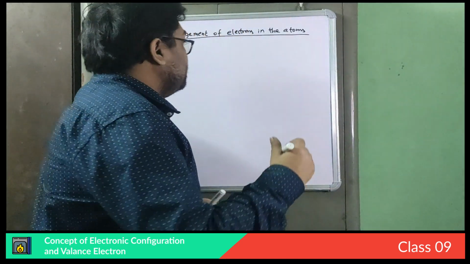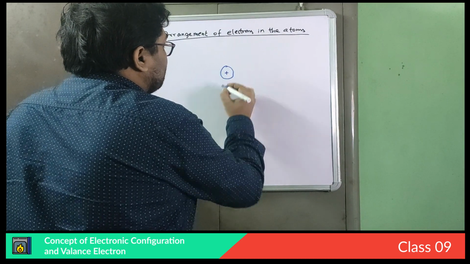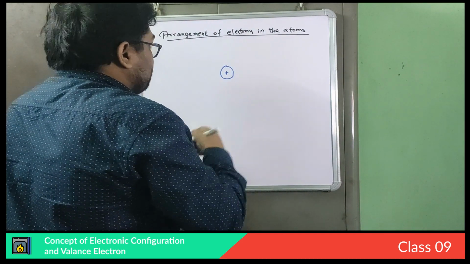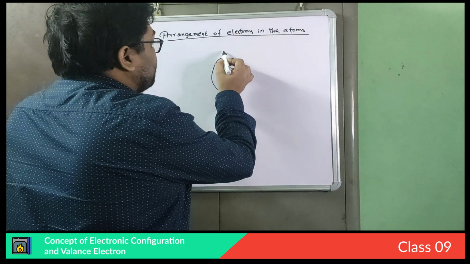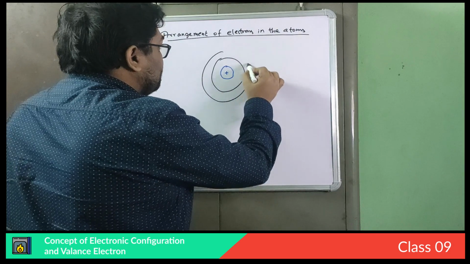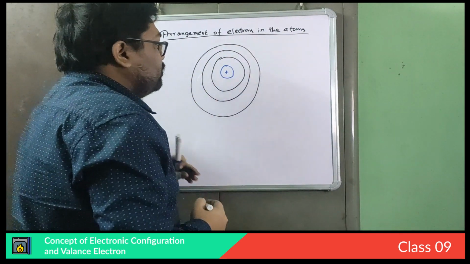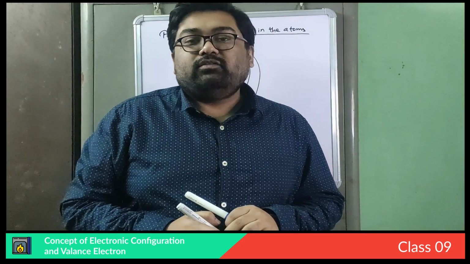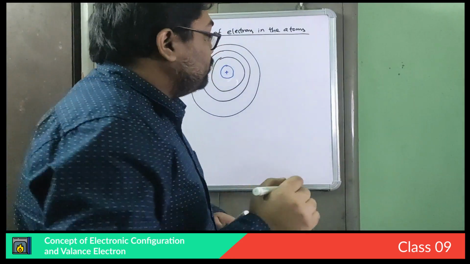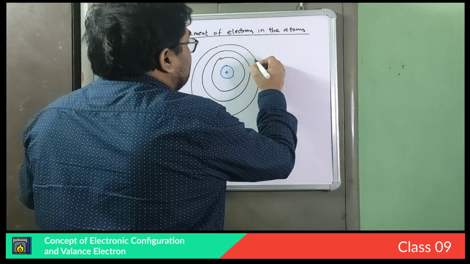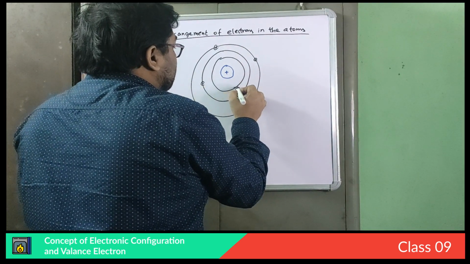If I draw a diagram, you can see, if I consider this as the nucleus, then there are certain clouds of negative charges revolving around the nucleus. These are various energy levels, where the electrons reside, where the electrons are revolving, like this, in various orbits.